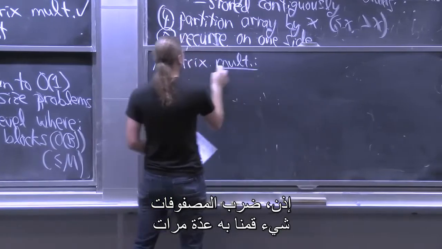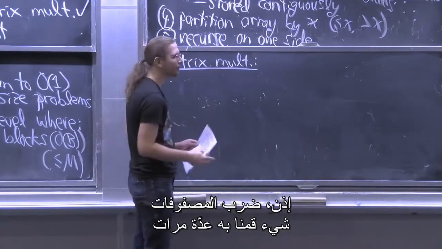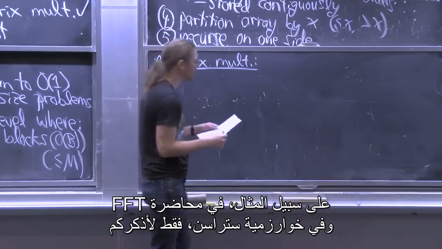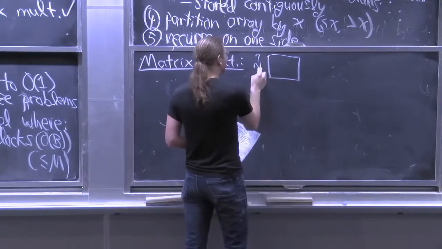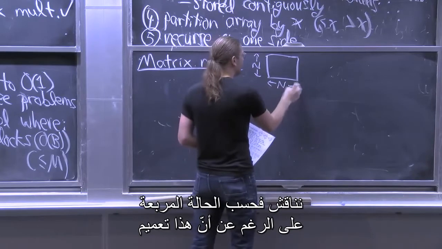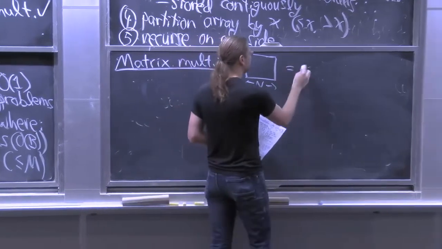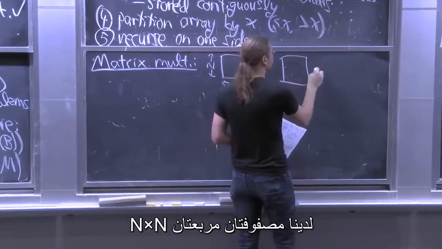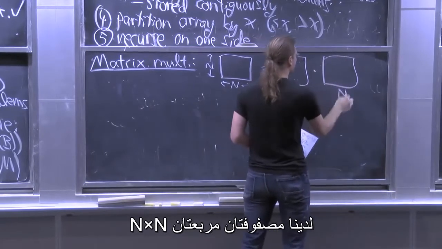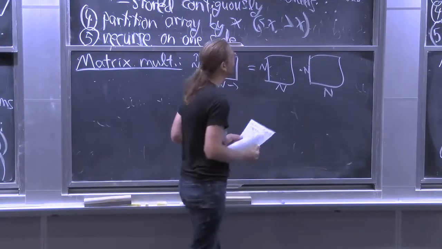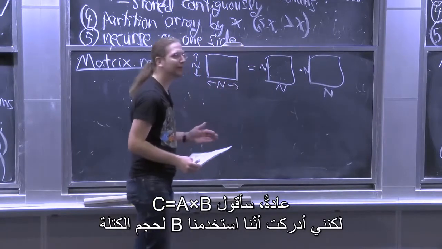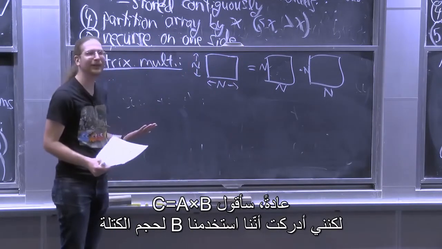So multiplying matrices is something we've done many times, for example, in the FFT lecture and in Strassen's algorithm. Just to remind you, I'm just thinking about the square case, although this generalizes. We have 2 square matrices, n by n. Normally, I would say C equals A times B, but I realize we use B for block size.